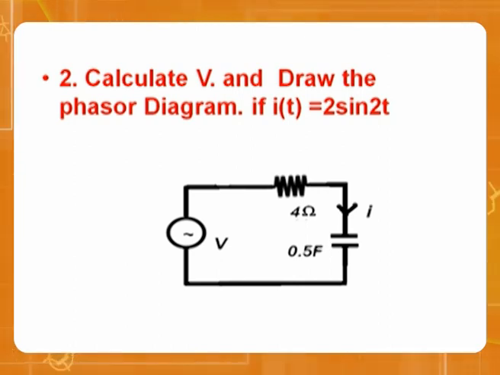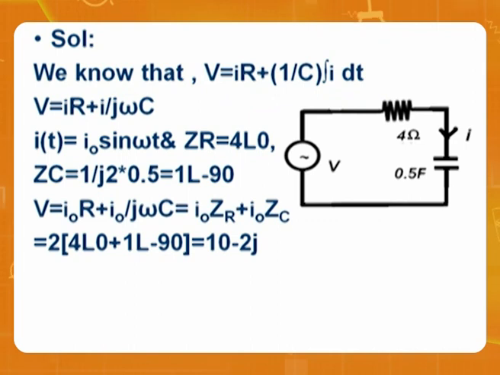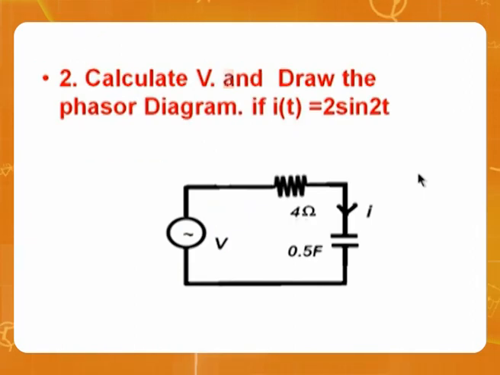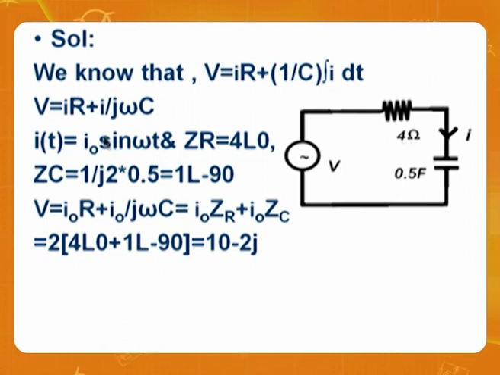Sin 2t. And if you look here, 4 and 0.5, again understand this very important thing. What is the frequency? Frequency is 2. Use the frequency 2 there. In all this I am going to use IR, and 1 by j omega, that means 2 into 0.5, that's 1.